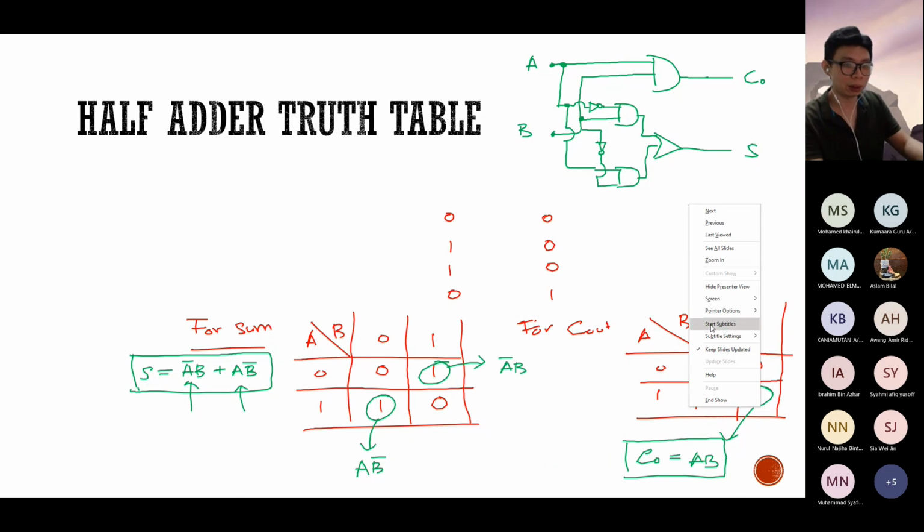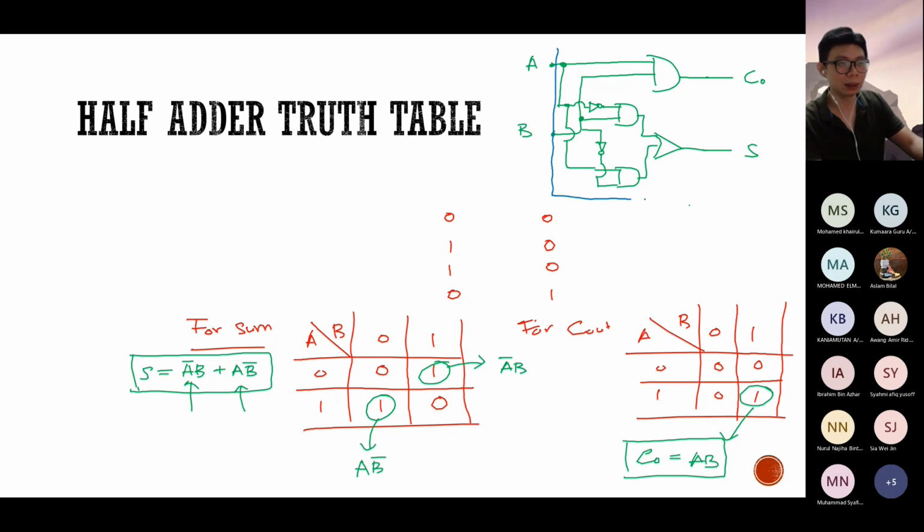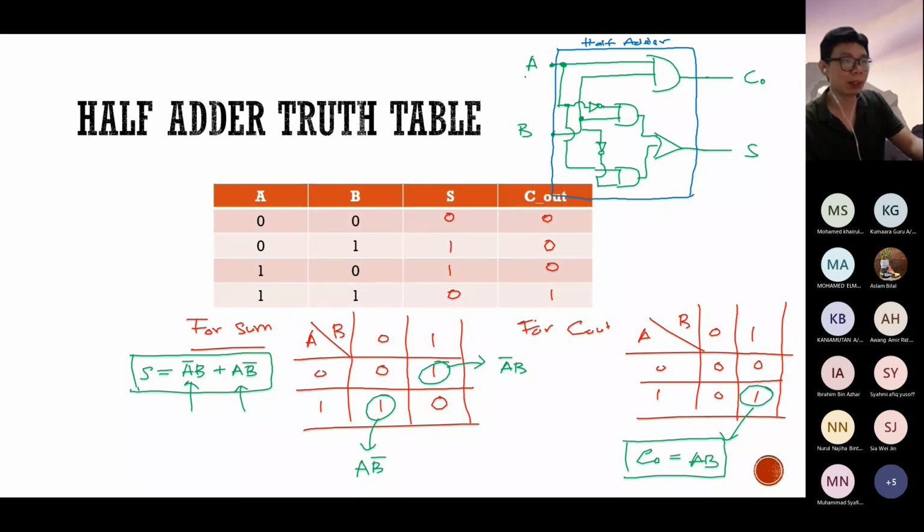So if you want, you can draw a box over here, and inside here is your combinational circuit, and its name is half adder. What it does is addition. It does simple addition with A and B, and then it gives you carry out and S. All right, so that's how we get the circuit for half adder.